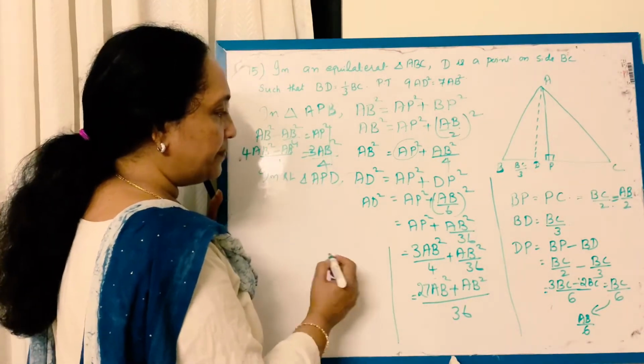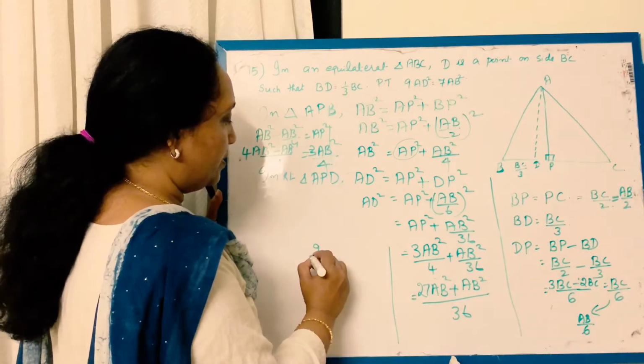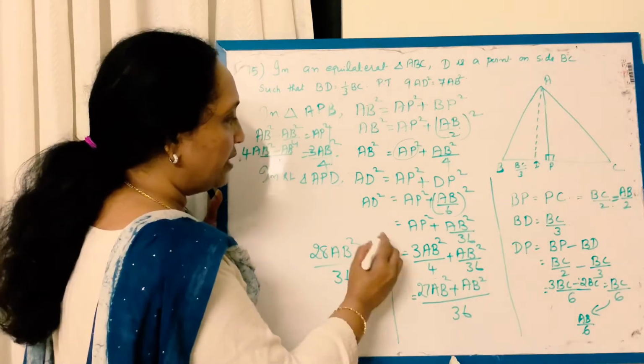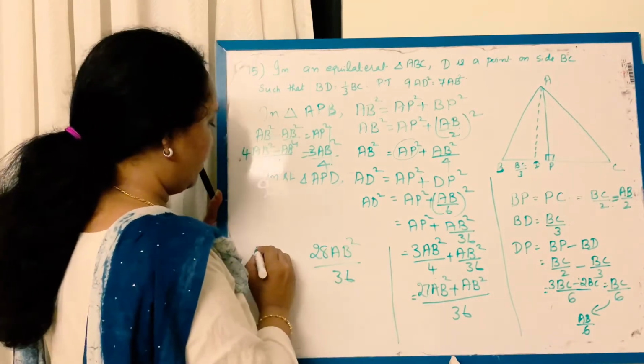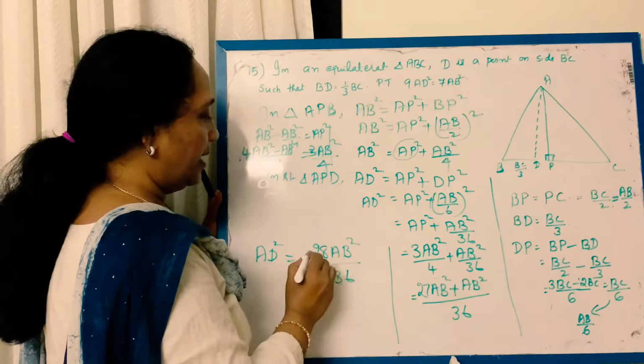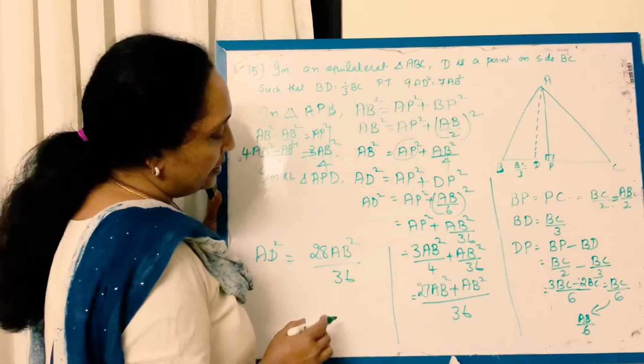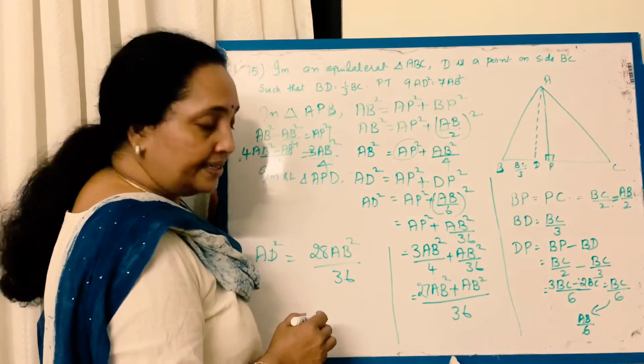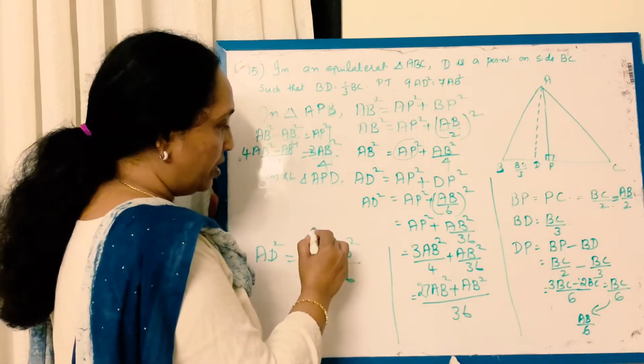I'll write here, okay? That is 28AB square by 36. You will get AD square, and that value of AD square is 28AB square by 36. Here 4 is a common factor, isn't it? Yes.